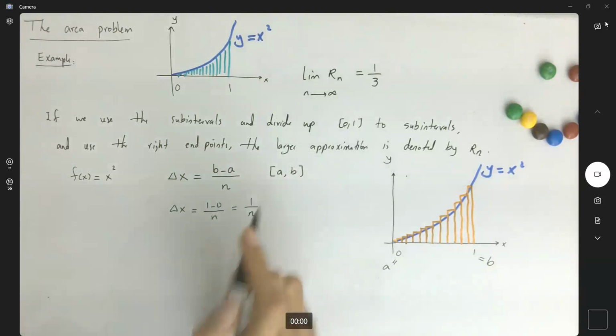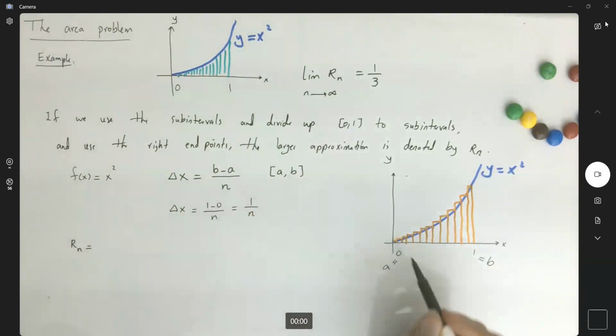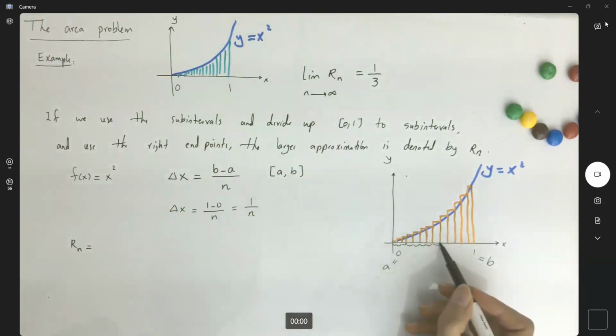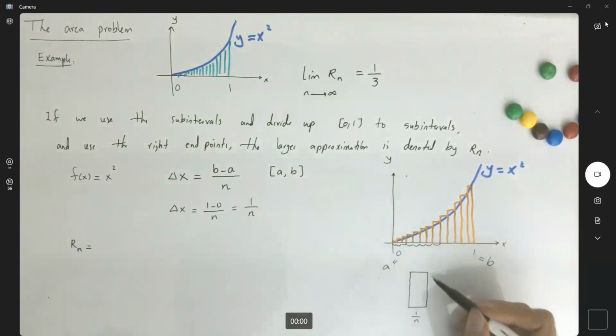Now, to approximate Rn, Rn is equal to, so each of these lengths is 1 over n. So take a look at this. Here you have 1 over n, which is the base of your rectangle, multiplied by the height. But what is the height?